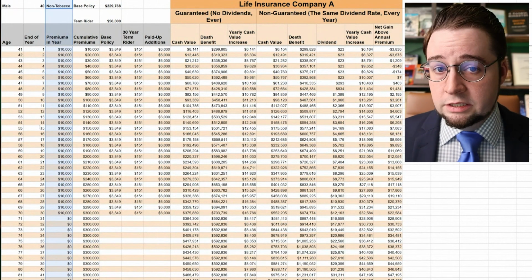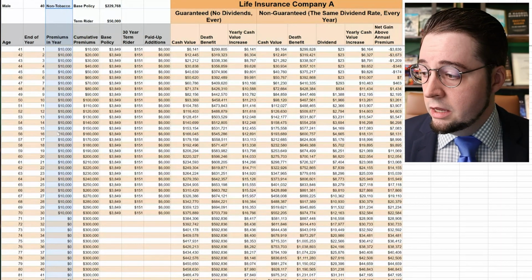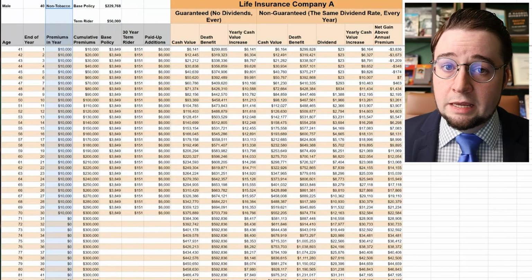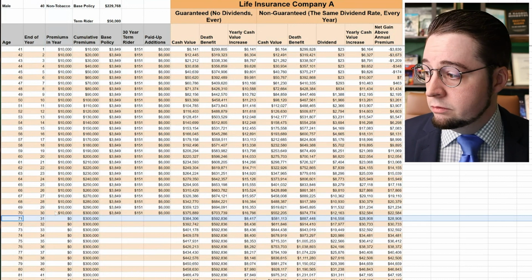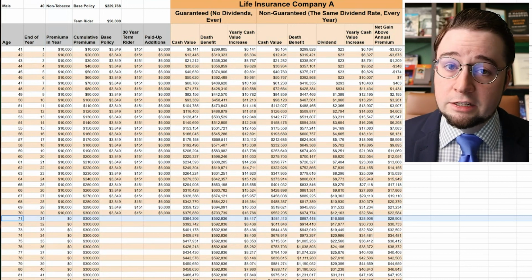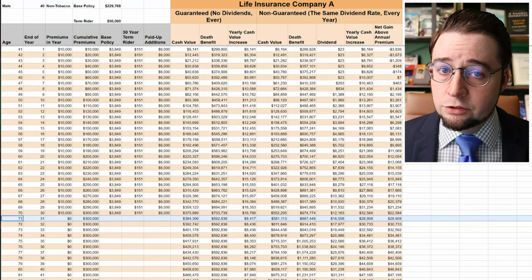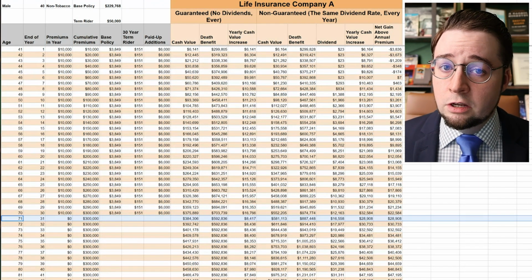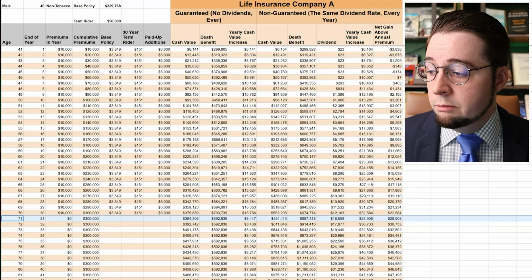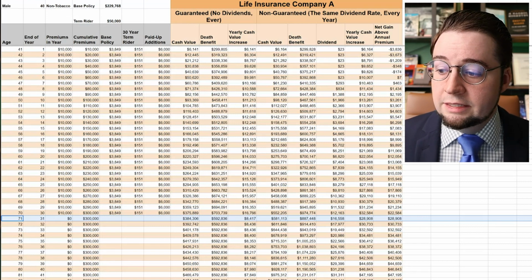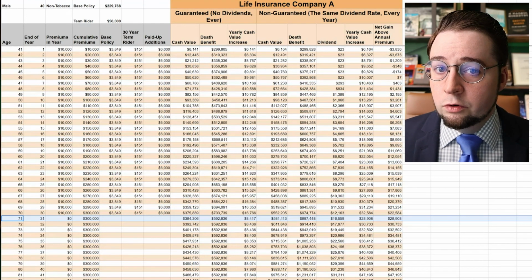Now, this particular policy is designed to be reduced paid up after 30 years. So that's why there are no additional premiums after 30 years. The policy contract would have premiums due, but we have reduced the death benefit at that point, in order to make the policy paid up.